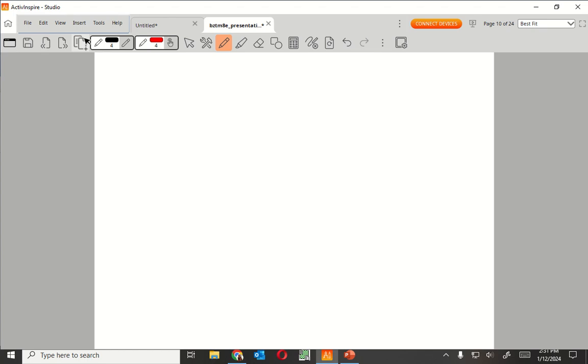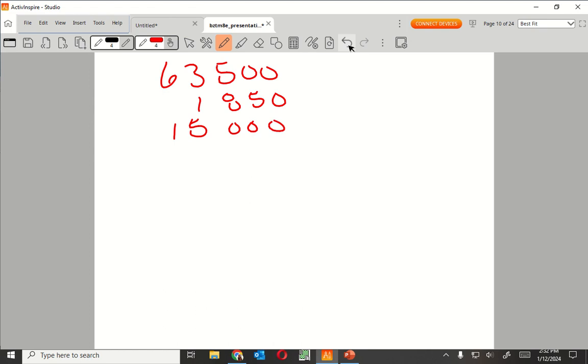How much was his wages? Very good. Anything else that he made? $1,850 from what? Interest or something like that? Okay. Did he get anything else? He received 15,000 from winnings, right? This is all his earnings. So what do you think I should do with all these? Very good. These are all referred to as earnings.